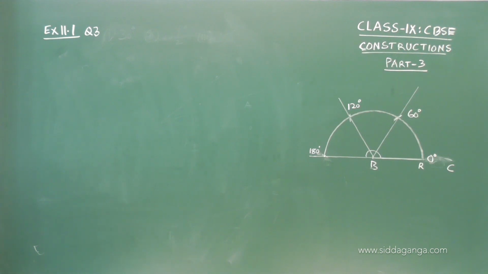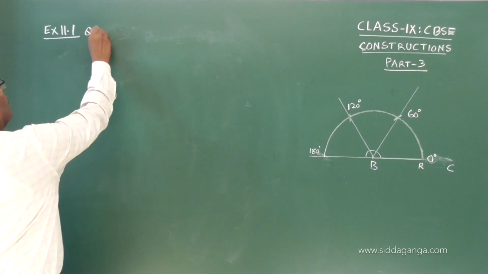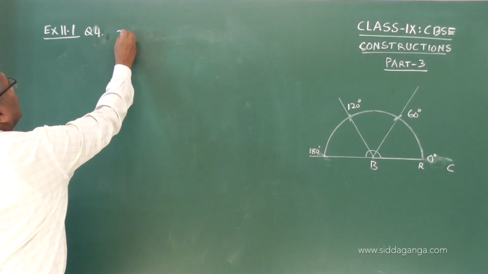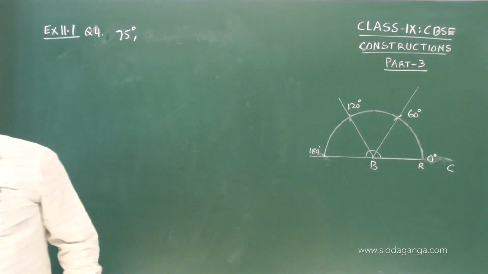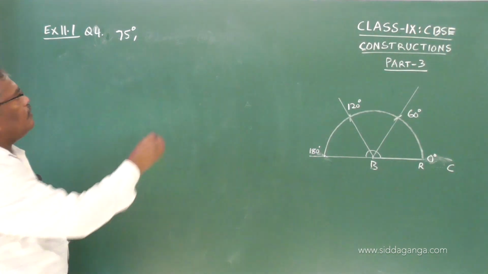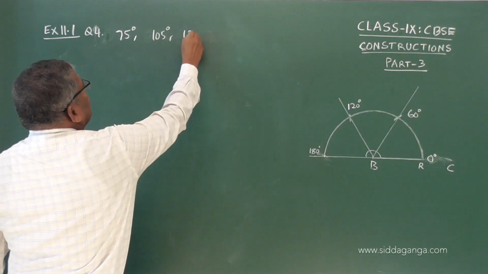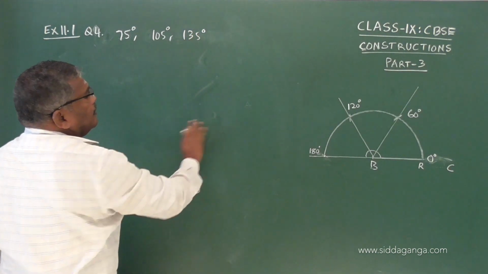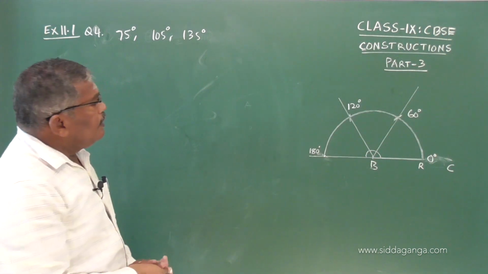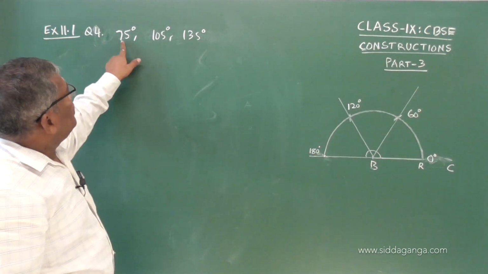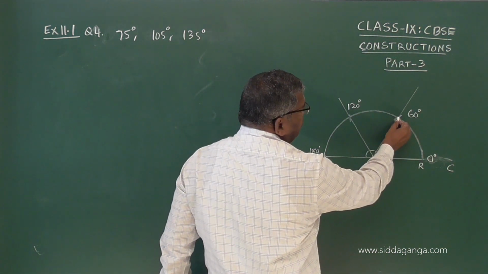See, in question number 4, it is given 75 degree, 105 and 135 degree. So, of course, the procedure is almost the same. You can observe here. We want 75 means, so we have 60.